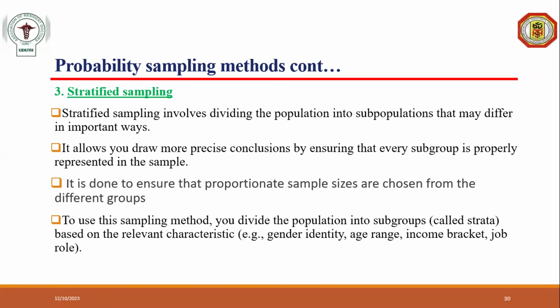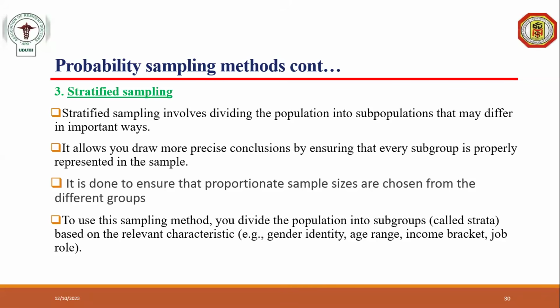How? For example, let's say doctors, they are 100 in total. Nurses, they are 200 in total. Pharmacists, they are 50 in total. Lab scientists, they are 70 in total. So when you add doctors, they are 100.